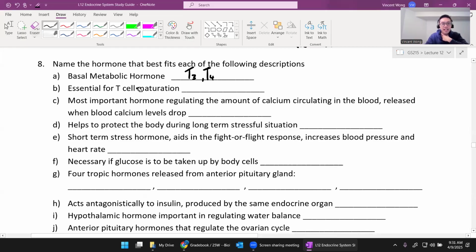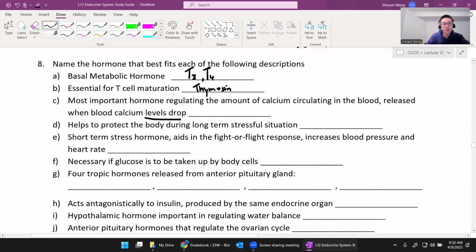Essential for T cell maturation. So this would be thymosin. Right? So expect some matching questions on the final test. You're going to have hormones on one side, you're going to have functions on the other side, you're going to match up which hormone does what. Okay, this one, most important hormone regulating the amount of calcium in the blood, released when calcium level drops.